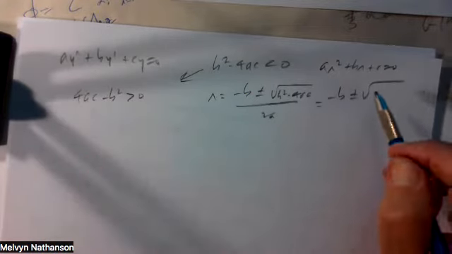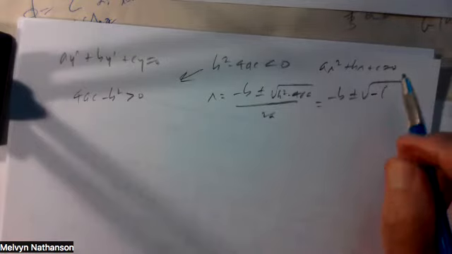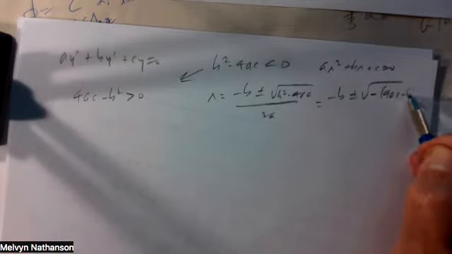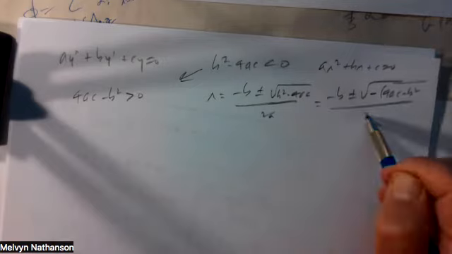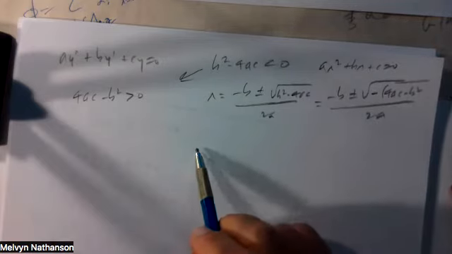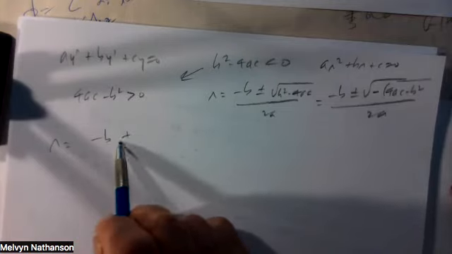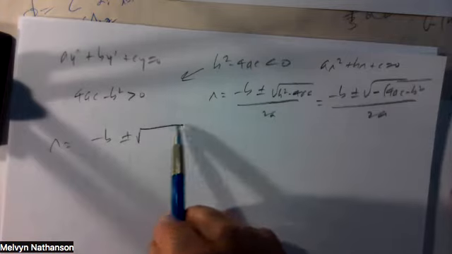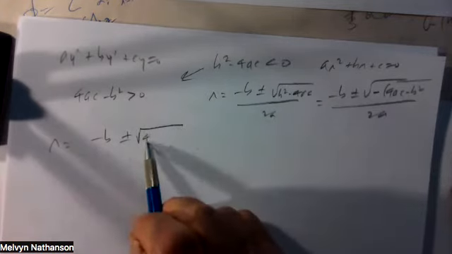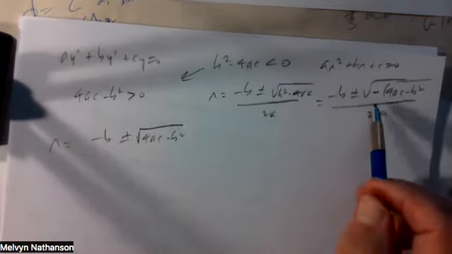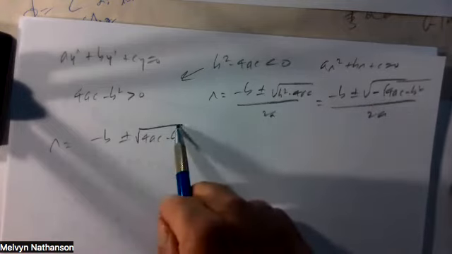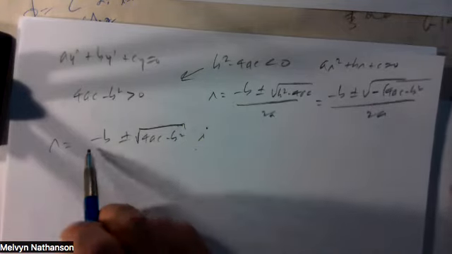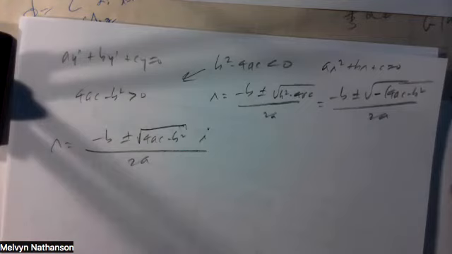So I can write this as r equals minus b plus or minus the square root of this positive number, 4ac minus b squared, times the square root of minus 1, i, over 2a.